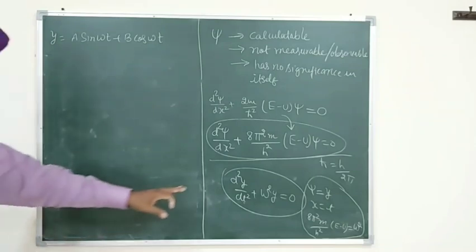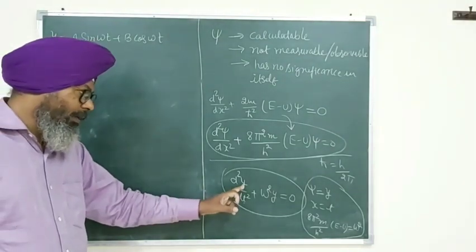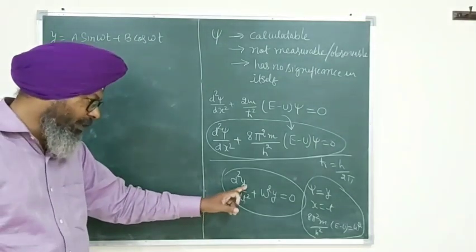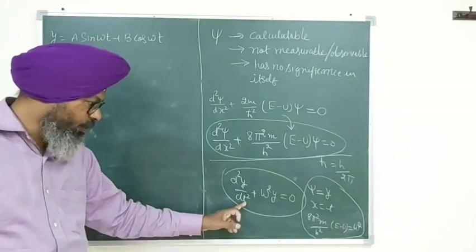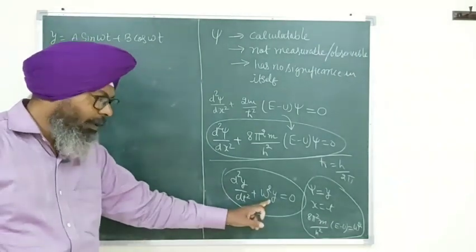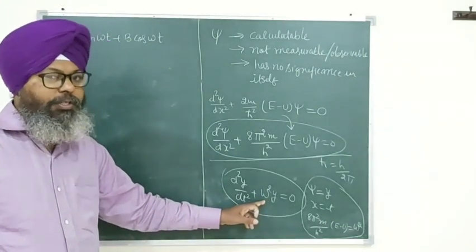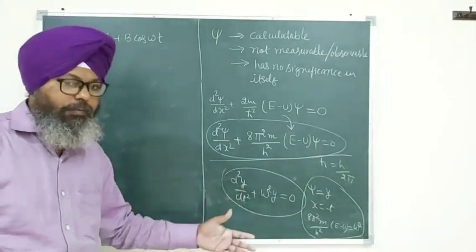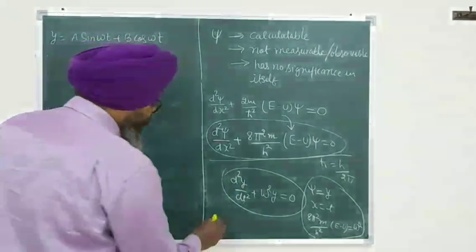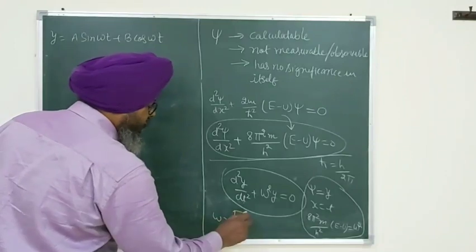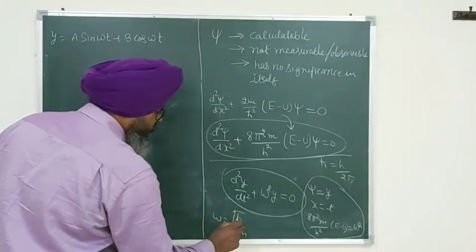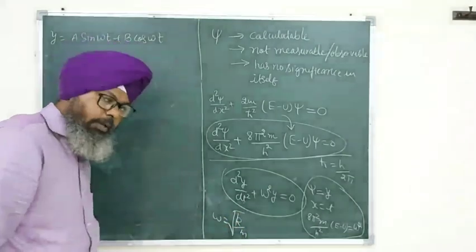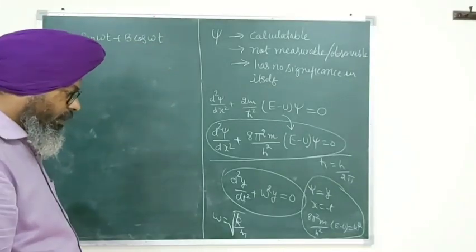Now if we solve the simple harmonic motion equation, y is being differentiated with respect to t, and omega is related to the properties of the system. We know that omega is equal to the square root of k by m. We have to remember some important basic concepts.